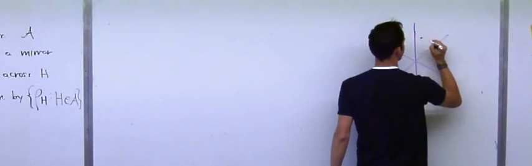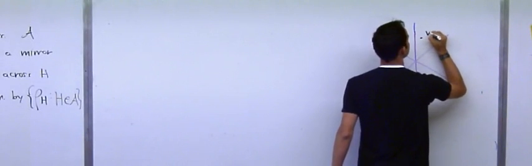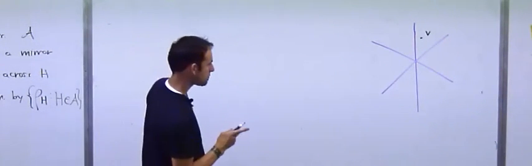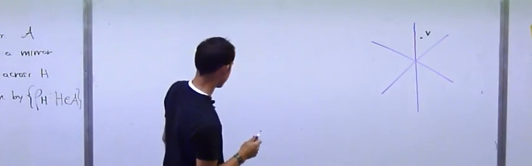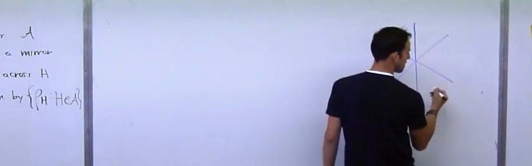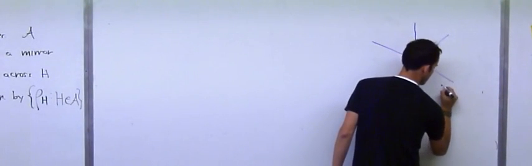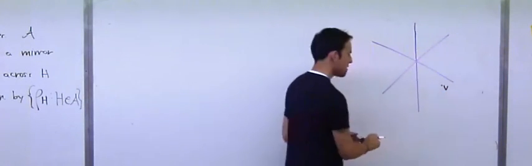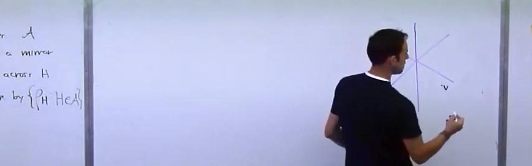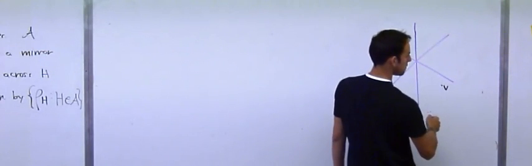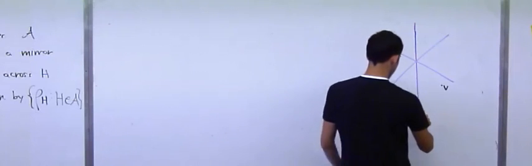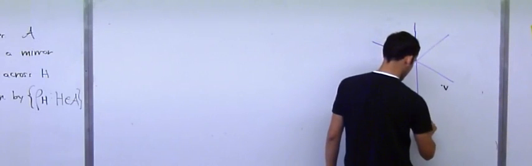So now let's consider a point, not a bird. So this is a point V. And you'll see why, but I want to let V be over here. And so I have a 1, 2. Yeah. So here's a group element.